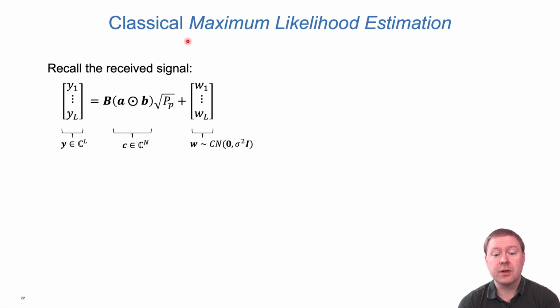We will first consider the classical maximum likelihood estimator, which is one of the classical methods in signal processing. Here is our received signal model, and if we suppose that we happen to know the c vector, then only the noise here, which is now assumed to be complex Gaussian with the variance sigma squared, is unknown. So we can take y and subtract this factor here with the particular c, and we only get the noise.